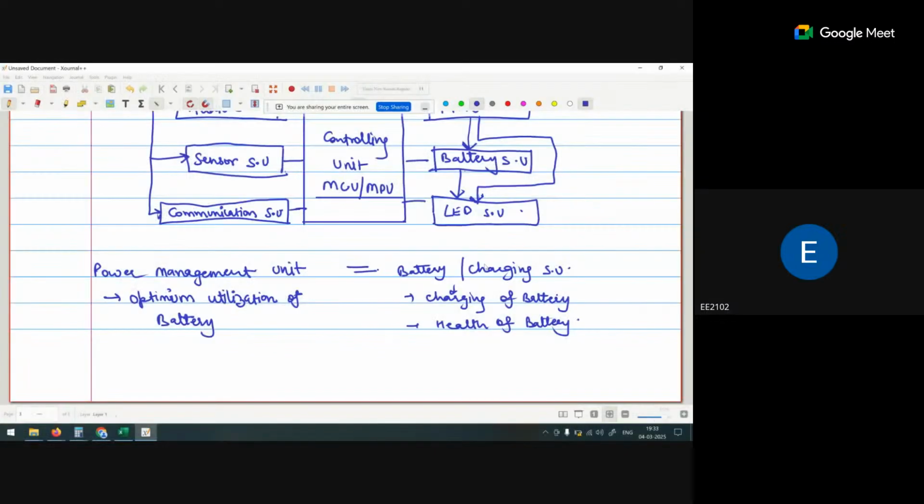In the future, if I want to change some parameter or add other features, it is problematic, because we have already specified a chip for specific tasks. So in place of that, it is recommended that you use a microcontroller. If in the future you want to change anything, you can change it easily.